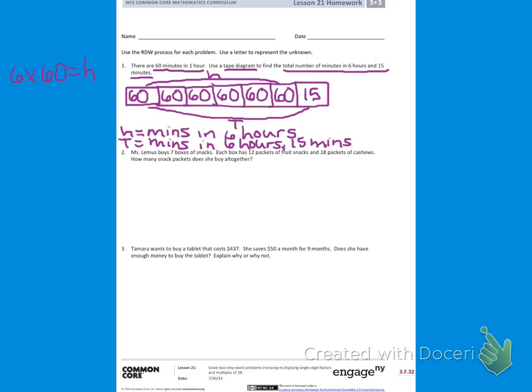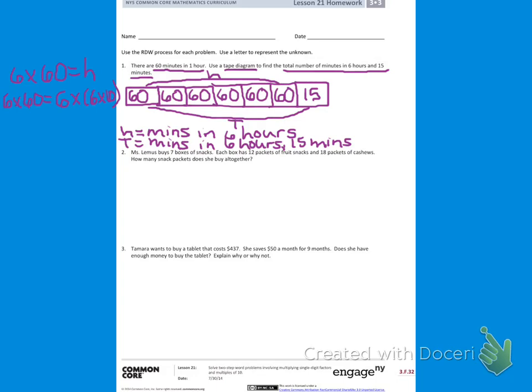Now, let's use the strategy we used in Lesson 20 to solve this problem. I know that it's easier to multiply by 10 than by 60, so I'll write it this way. 6 times 60 is the same as 6 times 6 times 10.